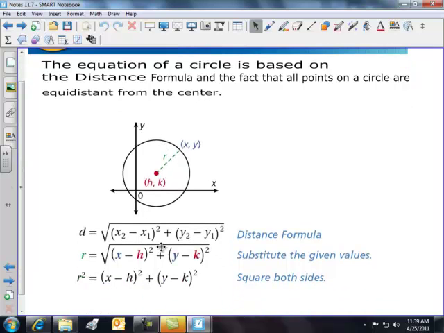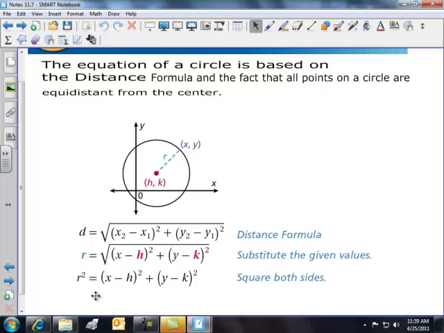So if you use the distance formula with that information, then the difference of the x's will be x minus h squared plus y minus k squared. We add those two differences together, and then we take the square root of that. That is what the radius is equal to. That's the distance of the radius. So to get rid of this square root, we can just square both sides.